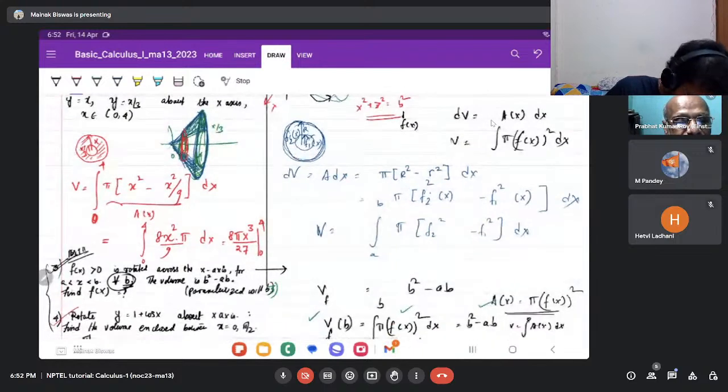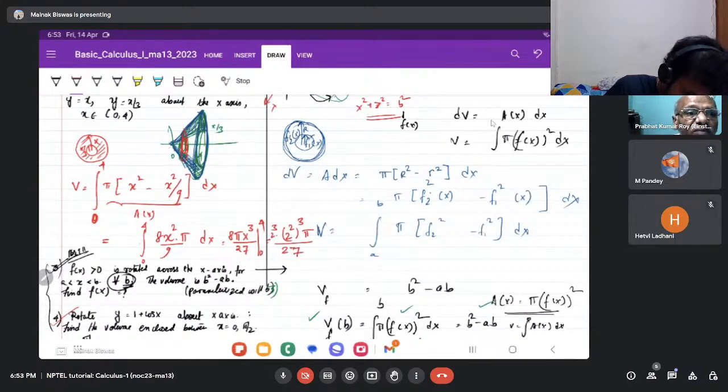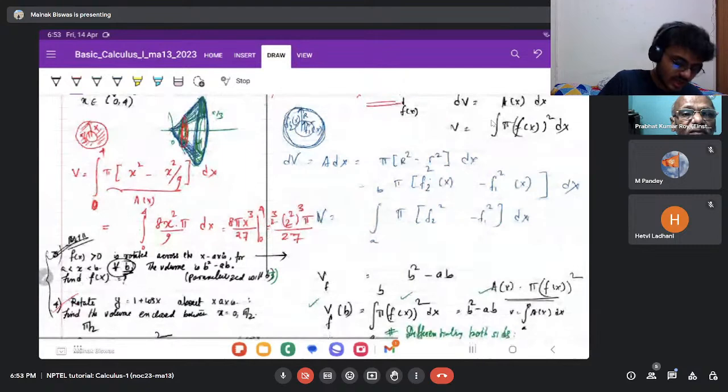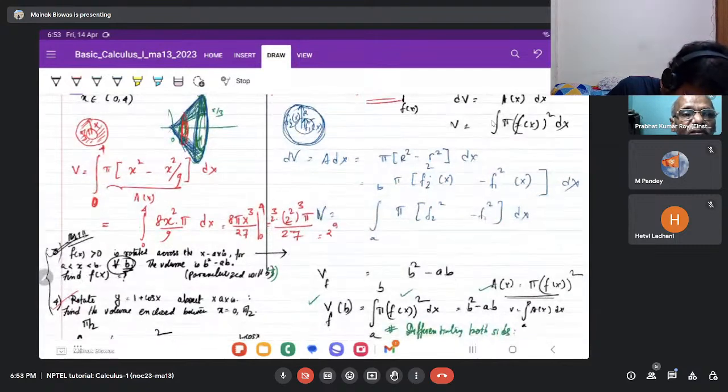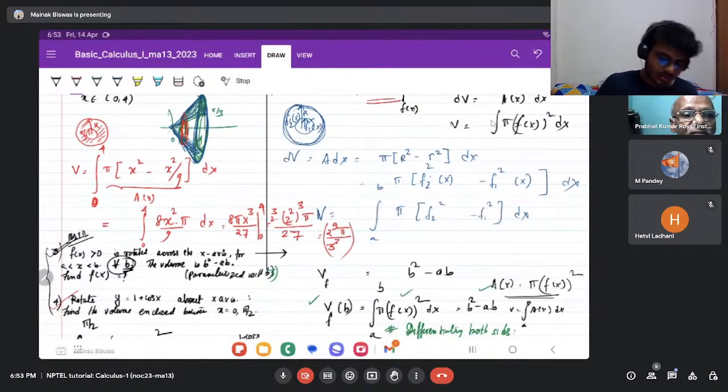So you have 2 to the power 2 whole cube into 2 to the power 3, into pi by 27, which is 2 to the power 9 pi by 27, or 512 pi by 27.